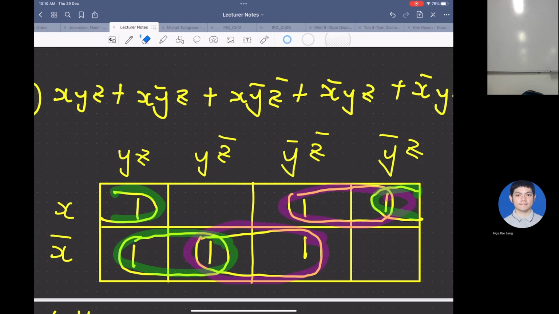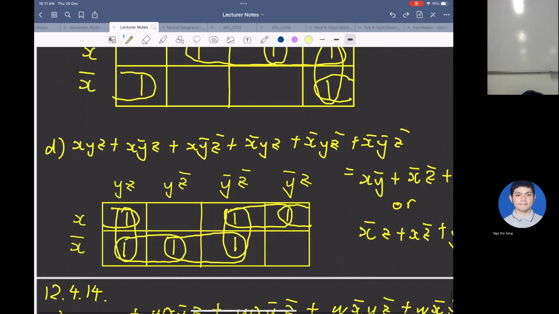So you need to draw all the possible ways, otherwise if you miss one, maybe you will miss the answer, because this is the best answer you can get this time. If you introduce the vertical one, then you can reduce it. So the lesson here is you have to draw all the possible primes, otherwise you'll miss out the solution.